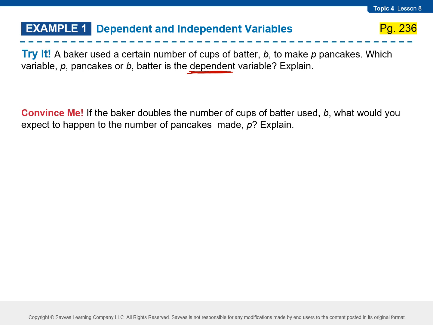Hopefully you're thinking that the pancakes are depending on the batter because you don't know how many pancakes you can make until you use the batter. The batter doesn't care how many pancakes it can make. It's a batter, okay? So P is the dependent variable because it depends on the batter to know how many pancakes it can actually make.